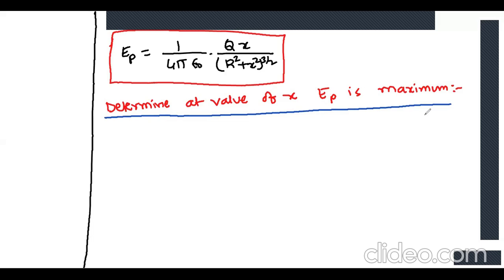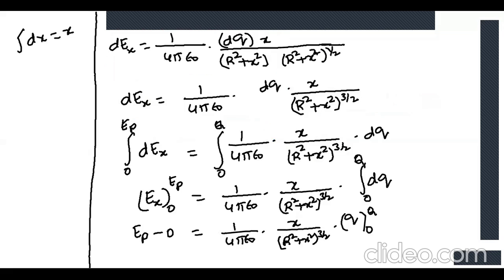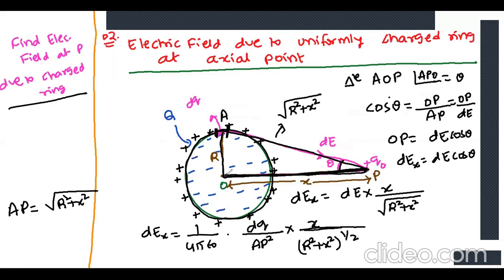We know that the electric field due to a charged ring is 1 by 4 pi epsilon naught Qx by r square plus x square whole power 3 by 2. Here x is the distance from the center of the ring to the outside point. As x increases, what will happen to the electric field?